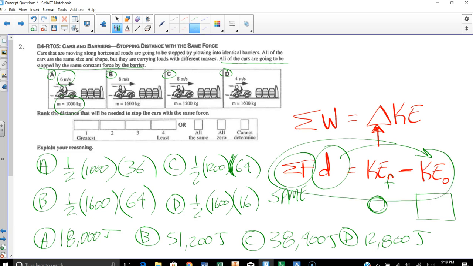Yes, it turns out that the kinetic energy is the correct approach here, but this is why. The net force on them is the same, and the net work done on each of them is equal to their change in kinetic energy, and they all have the same final kinetic energy. So getting the answer to this one is one thing. Understanding what it's talking about is an entirely other thing.